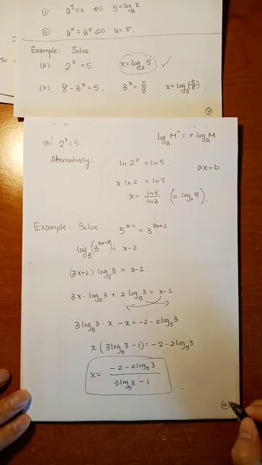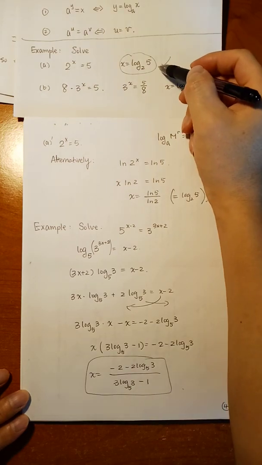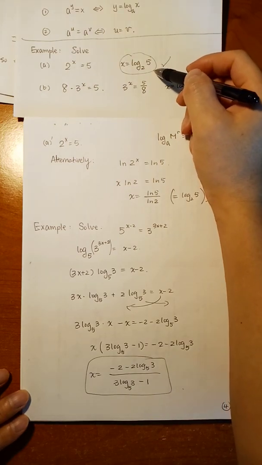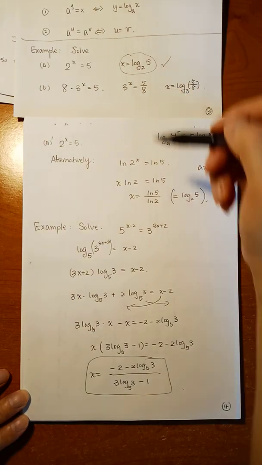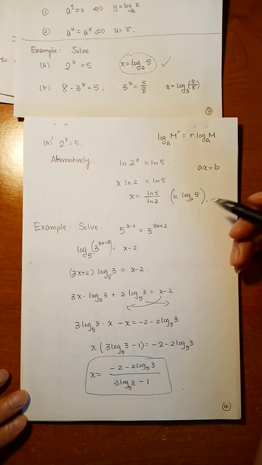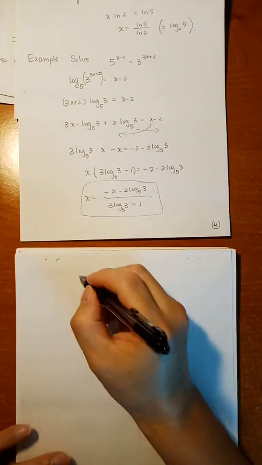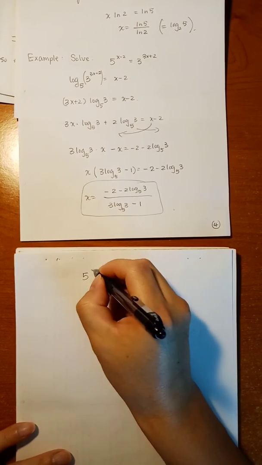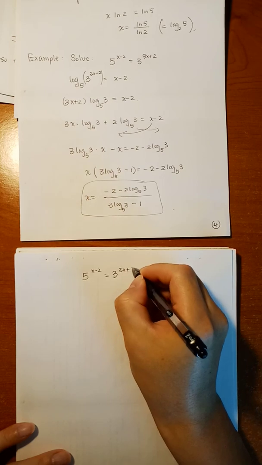And of course, this whole computation is based on the idea in a previous example, first try. And we can also apply this alternative idea to this example. For example, let's try this alternative idea. So we start from 5 to x minus 2 is equal to 3 to 3x plus 2.